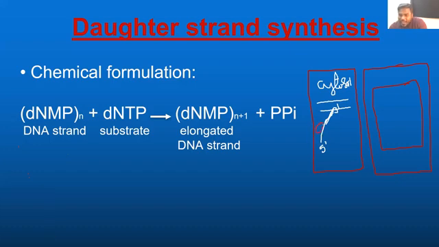Immediately, the ribosome complex will come and associate, and they start synthesizing the protein. Which means, in a prokaryotic organism, the process of transcription and the process of translation are highly coupled in nature.